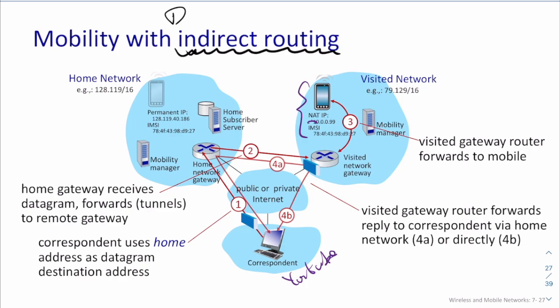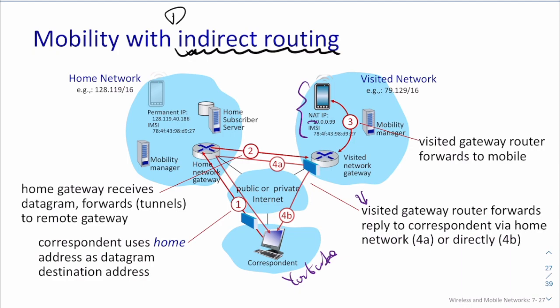But when your user agent wants to send, for example, a TCP acknowledgement out, right here in this page, that is indirect routing. So 4A is the visit gateway router forwarding your reply, for example your TCP acknowledgement, to the correspondent via the home network.